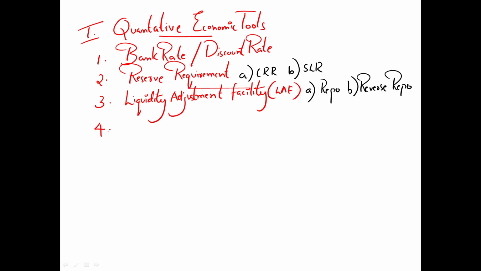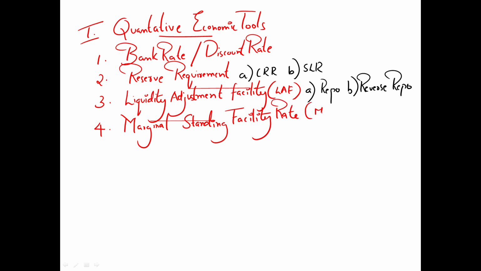Fourth is marginal standing facility rate, that is MSFR. And fifth is standing deposit facility rate.